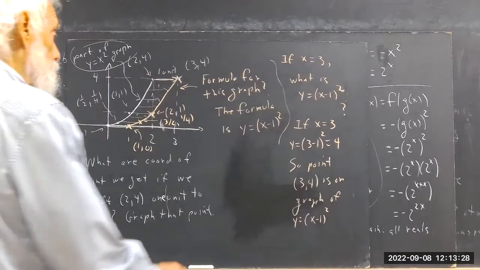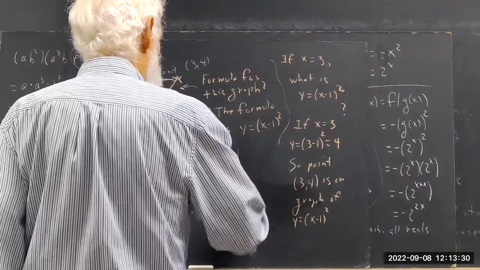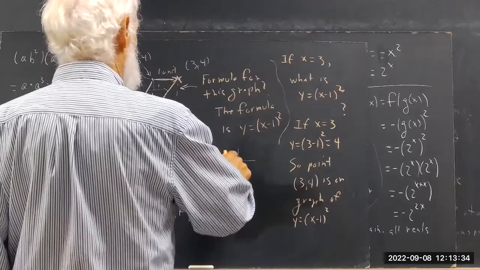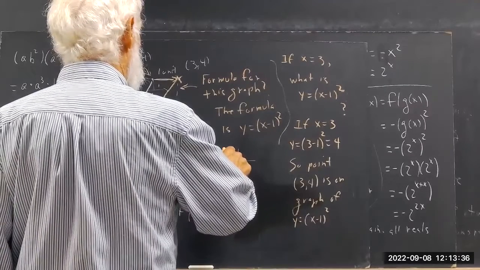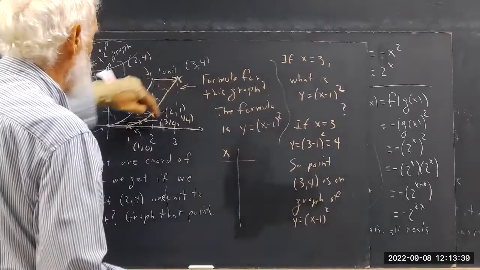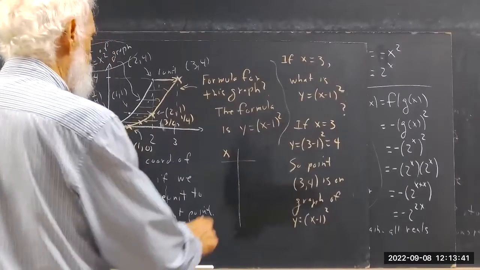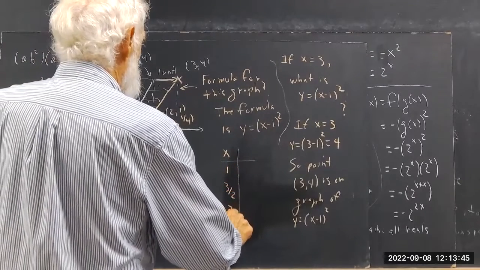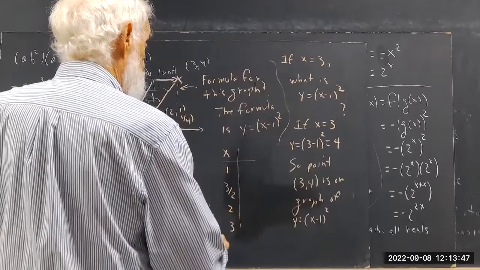Okay, now let's make a table, just to verify that at least all the x values that we got fit this function. The x values are 1, 3/2, 2, and 3.